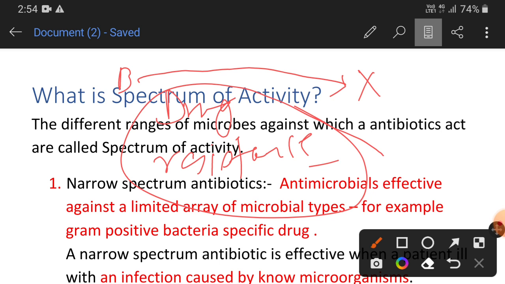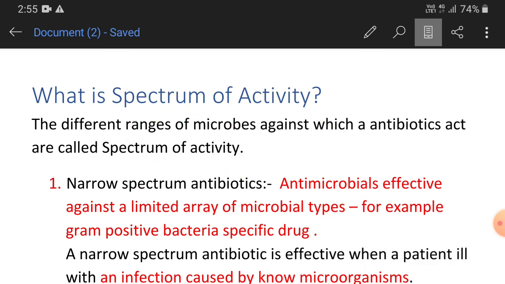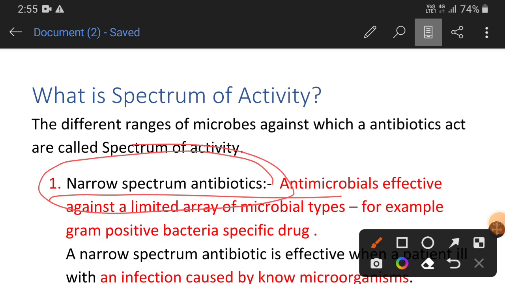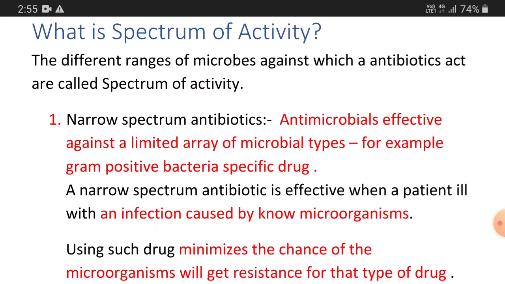As a result, when a person develops an infection caused by that X bacteria, you will no longer be able to use B. So that is why it is recommended, when you know that a particular infection is caused by a particular microorganism, to use that particular antibiotic instead of a broad spectrum antibiotic. So that is the concept of narrow spectrum antibiotic.